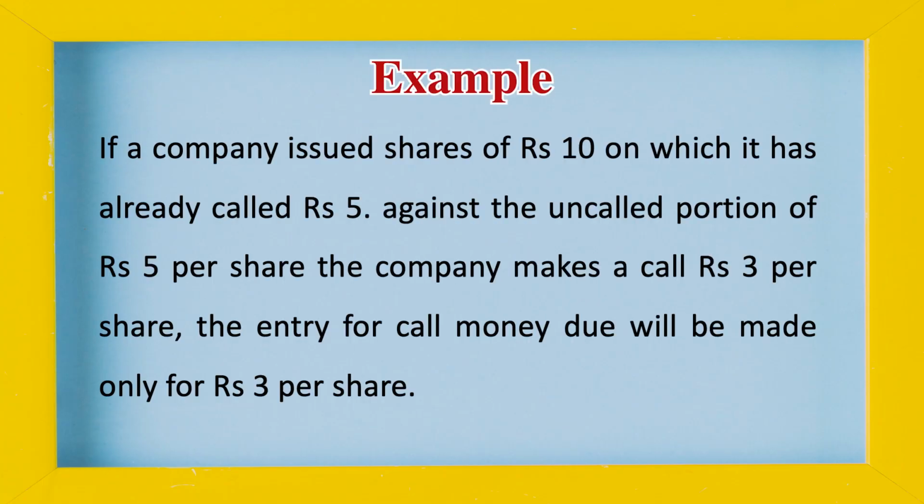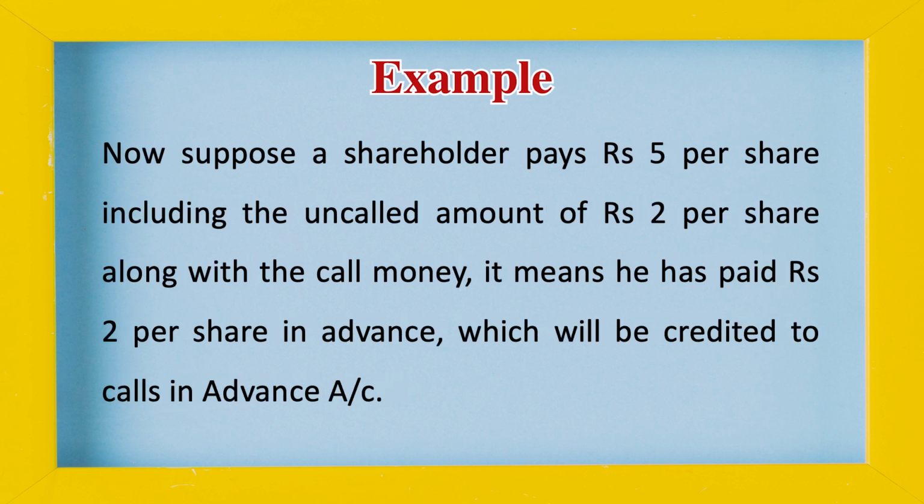Let us discuss how. If a company issued shares of rupees 10 on which it has already called rupees 5, against the uncalled portion of rupees 5 per share, the company makes a call of rupees 3 per share. The entry for call money due will be made only for rupees 3 per share. Now suppose a shareholder pays rupees 5 per share, including the uncalled amount of rupees 2 per share along with the call money.